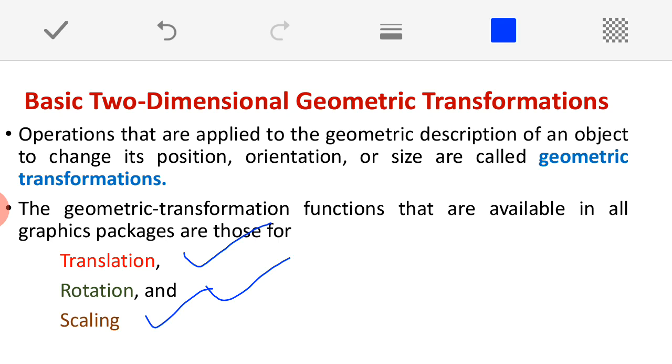All graphics packages that we work with in the creation of artificial computer graphics provide functionalities to handle translation, rotation, and scaling, because with these functions only we can create animated images.